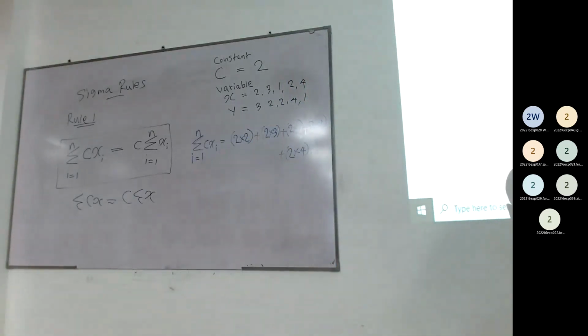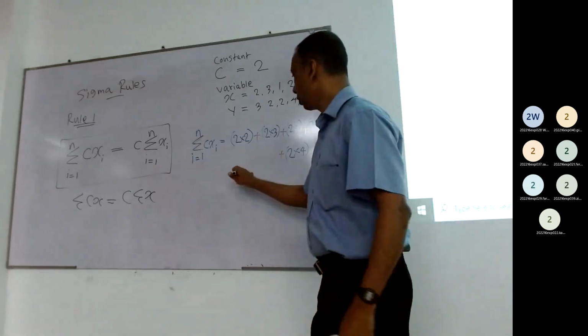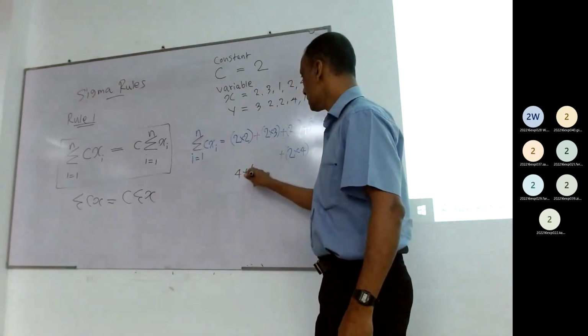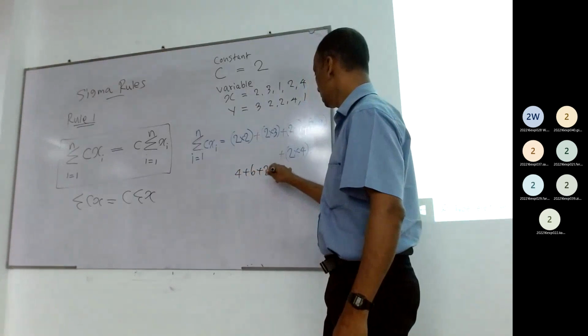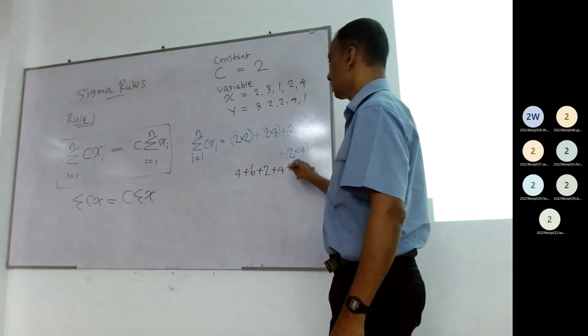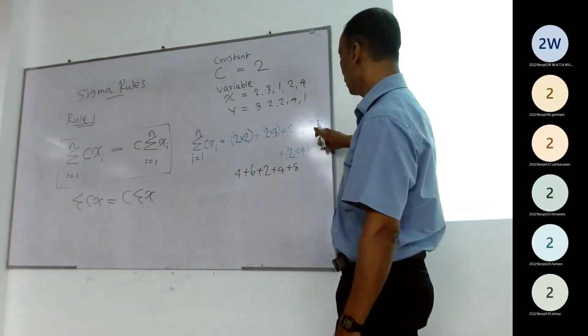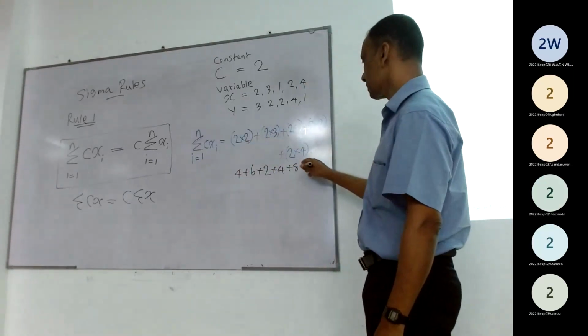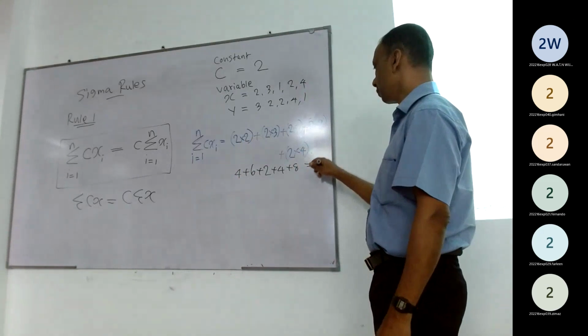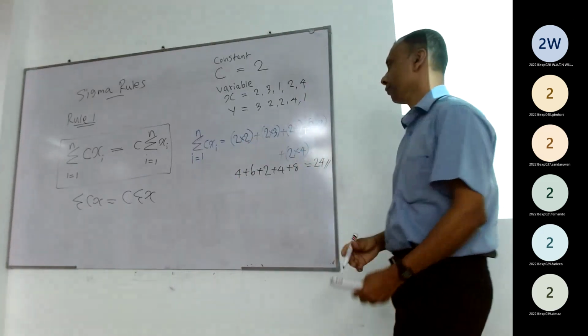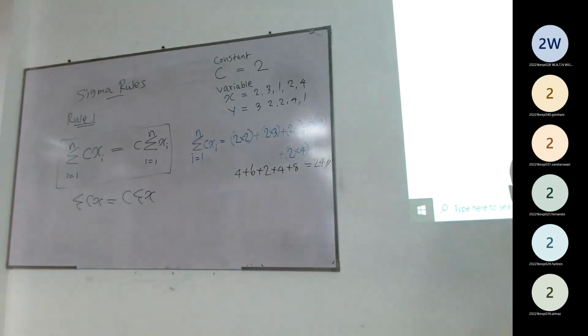Summation. Okay, then take the total: 4, 6, 2 into 2, 4, 6, 2, 4, 8. Now take the answer: 8, 10, 20, 24. 24.